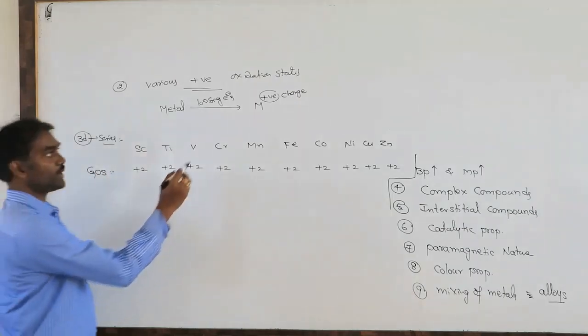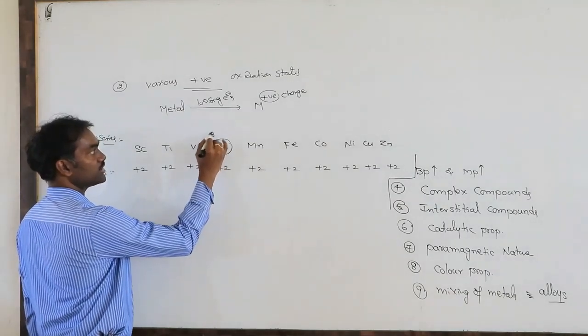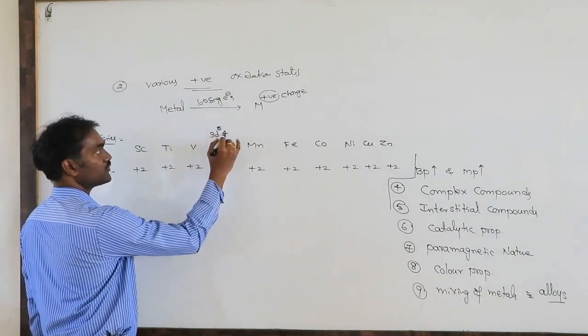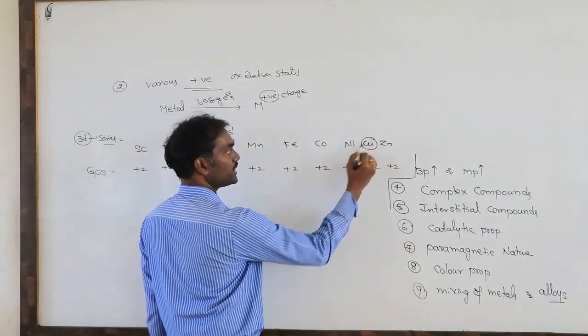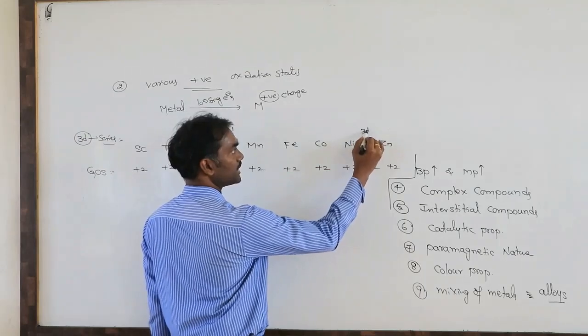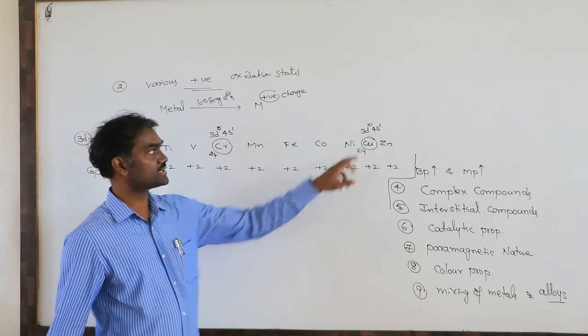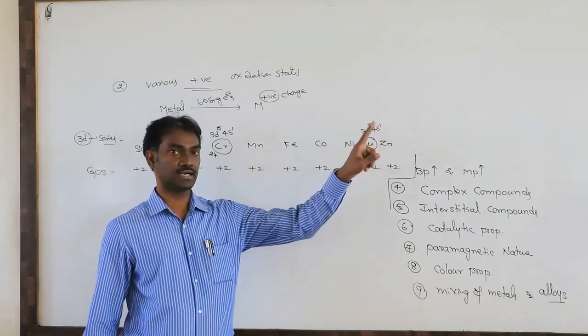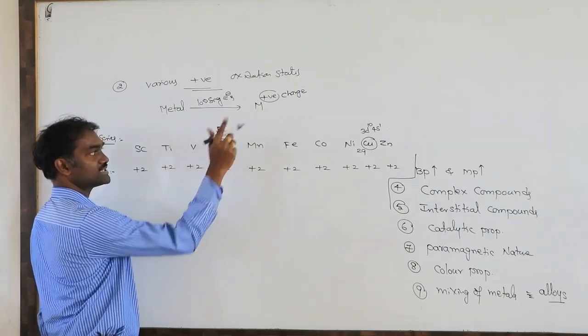Next here, chromium 24 you can write as 3d5 4s1 electronic configuration. Copper 29 you can write as 3d10 4s1. Here in 4s1 a single electron is available, a half filled configuration after one single electron.